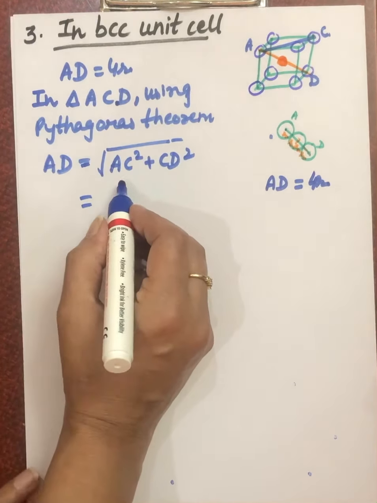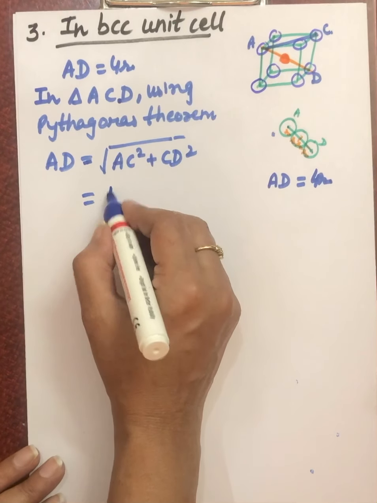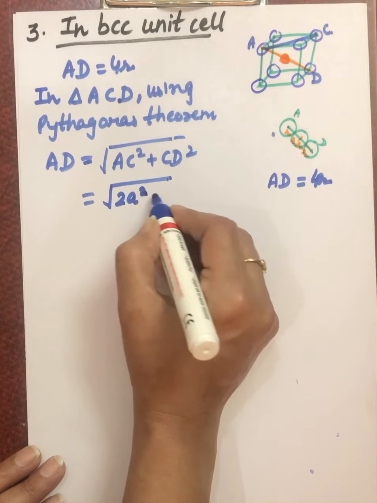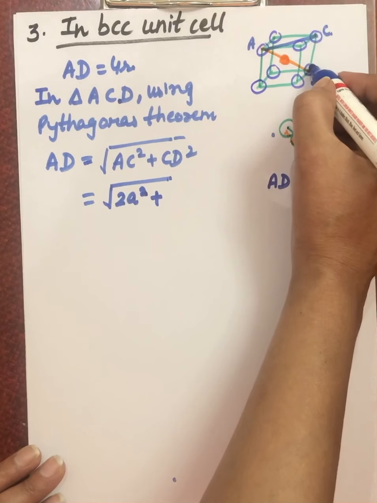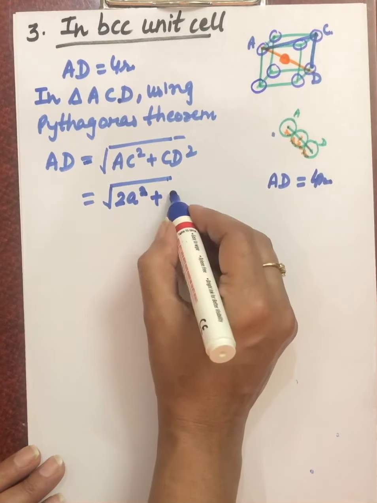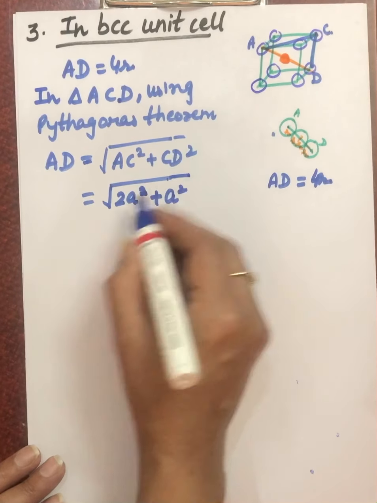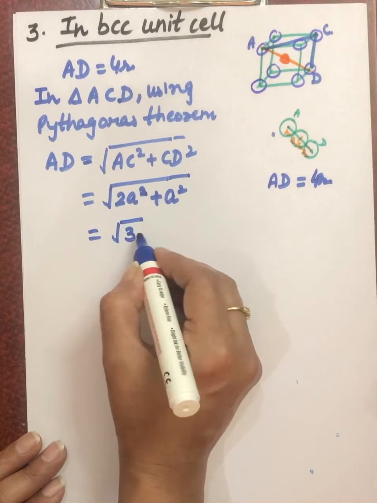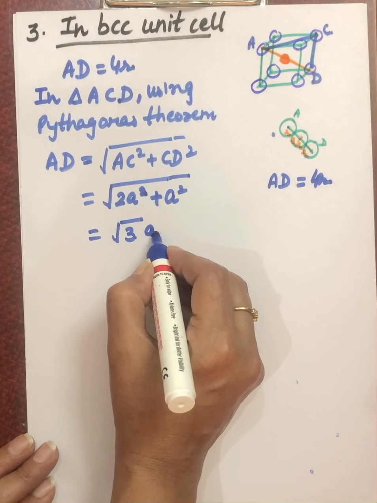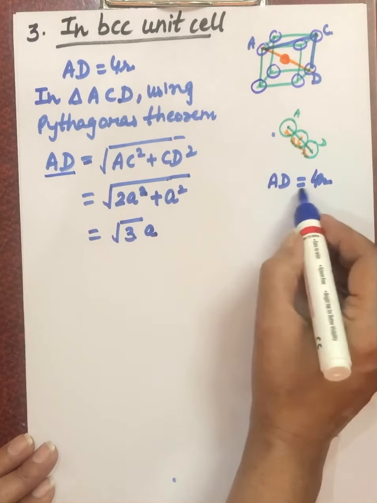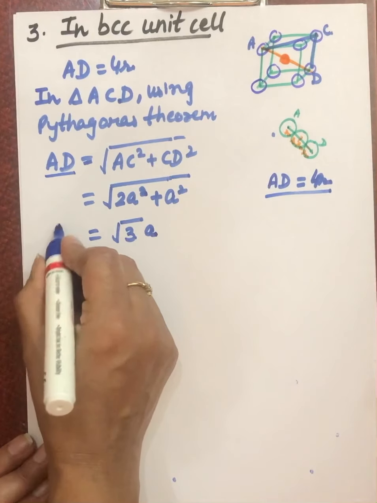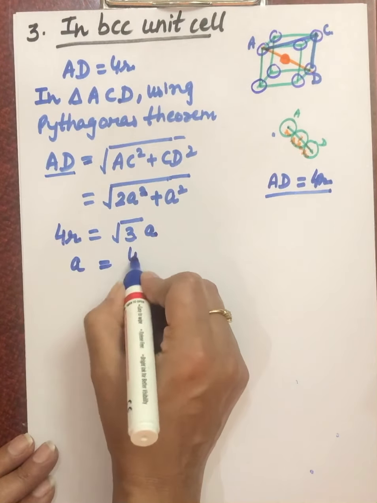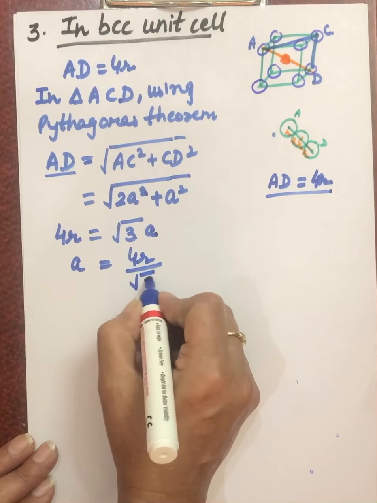And AC we have already calculated in the previous part. This is equal to 2a square. And CD is the edge of the unit cell, so CD is equal to a. This becomes a square. After solving, we will get root 3 a. And we know AD is also equal to 4r. So 4r is equal to root 3 a, and a is equal to 4r upon root 3.